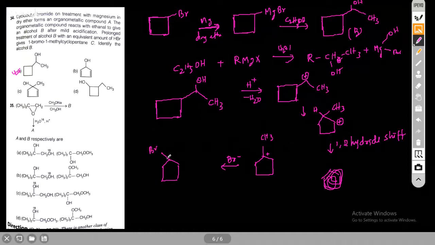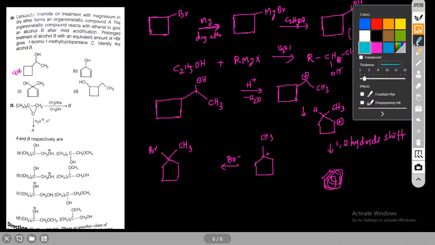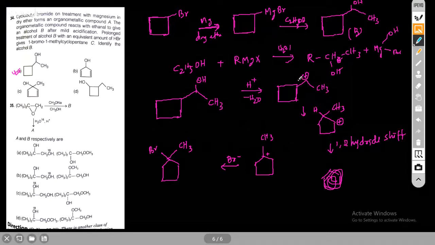So Br minus will come over here, and the final product, which is not the question here, will be this, Br here and CH3. This is the final product we get. If any of you have any confusion in ring expansion, what you do in this case, just number the carbon atoms simply. That will be the easiest method. 4, 5, and 6. So what happens? Either this bond pair will come over here or this one, any one of those. Both will give you the same result.